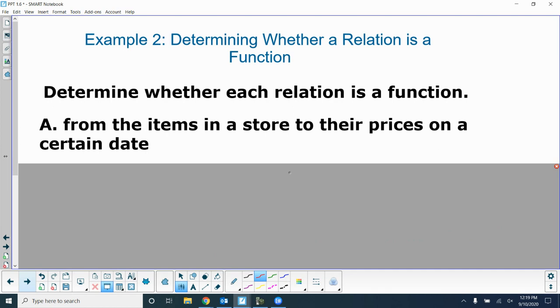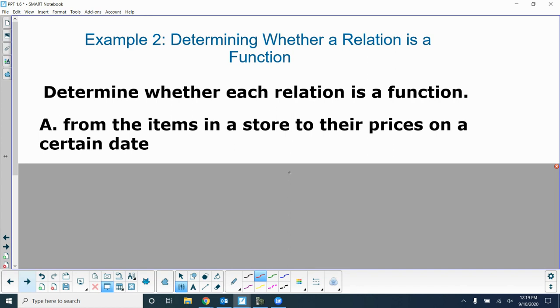All right, so let's think of some real life situations. Is this situation a function? Let's say I went to the store and I'm going to the milk. I want to get my 2% milk, my blue cap. All right? And I go and I get two of them. Will every one of those have the same price?